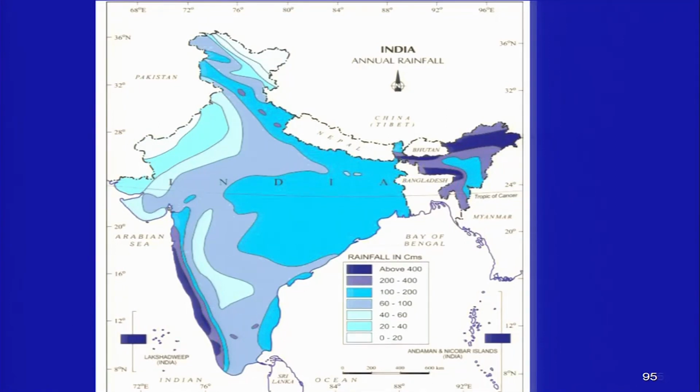So, one can easily make out that the areas which are going to experience very high rainfall during monsoon will be prone to flooding, but it may be the other way around.